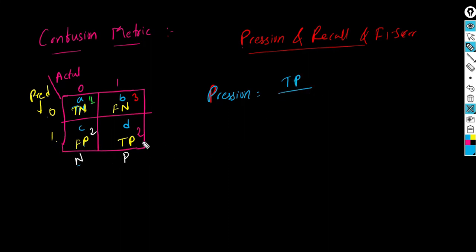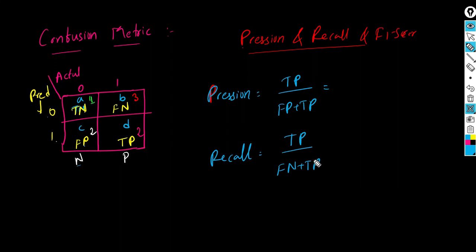Predicted positive means the sum of these 2 points, false positive plus true positive. This is precision. Recall is true positive by the actually positive. Actually positive means false negative plus true positive.